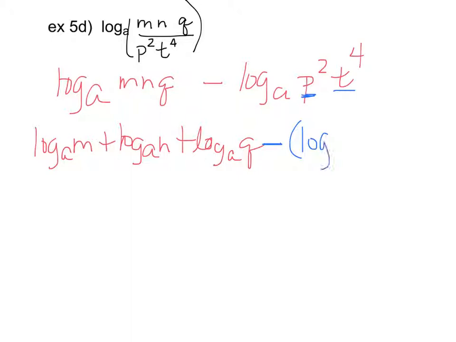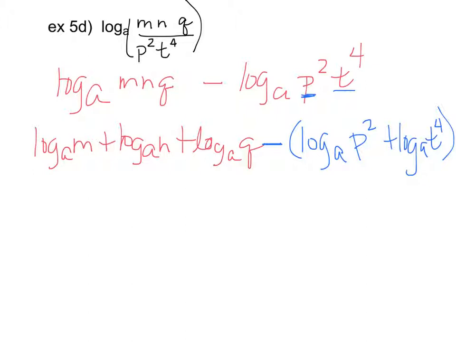So when I break that up, I have log base a of p squared plus log base a of t to the fourth. Cool. Are we finished? No. With this red side over here on the left, that one's taken care of. But what's the problem with the blue? Ooh, we got an exponent. Can you have an exponent in your final answer with logarithms? No, you may not. Good job.